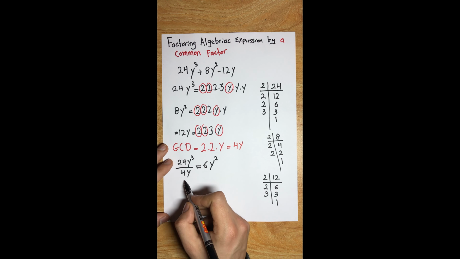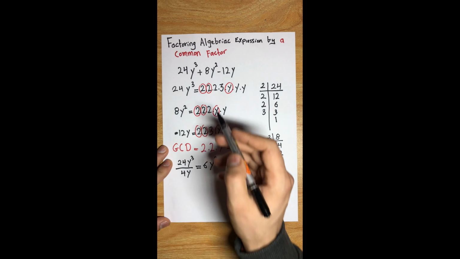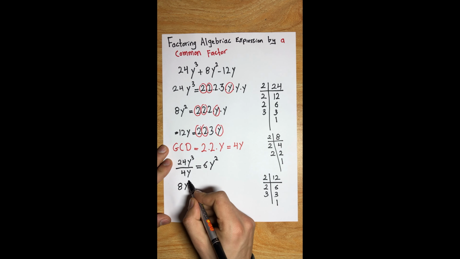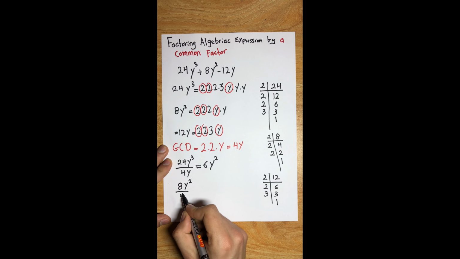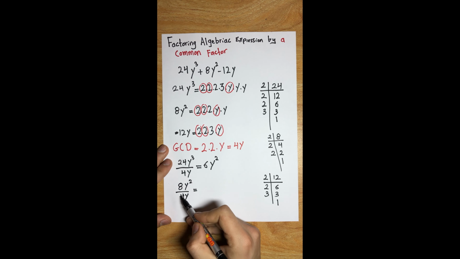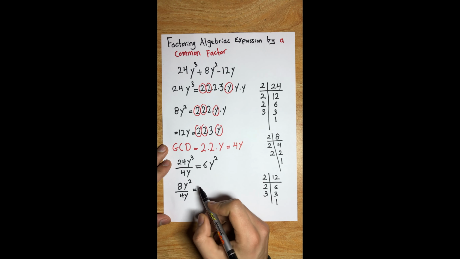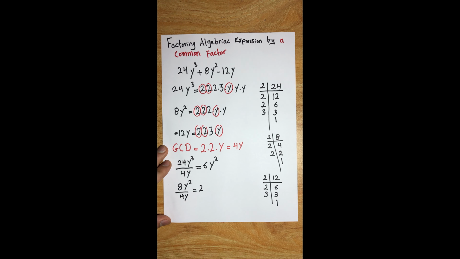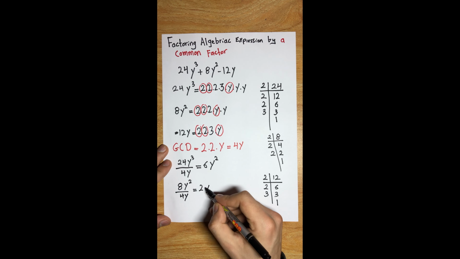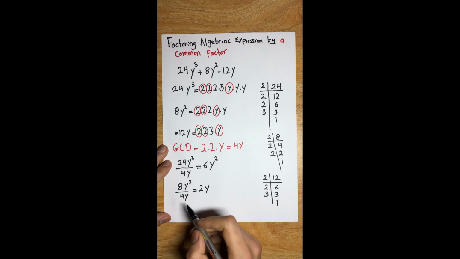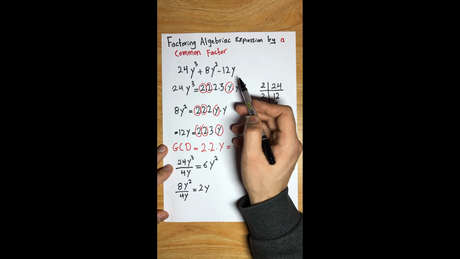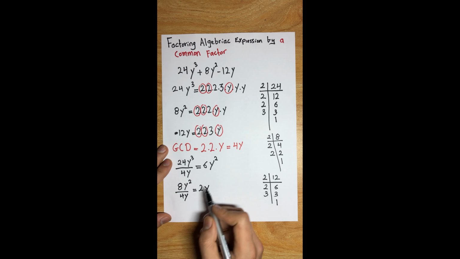Now, we have to divide 8y squared by 4y. Now 8 divided by 4 is 2, and y squared divided by y is y. And finally we have negative 12y divided by 4y.